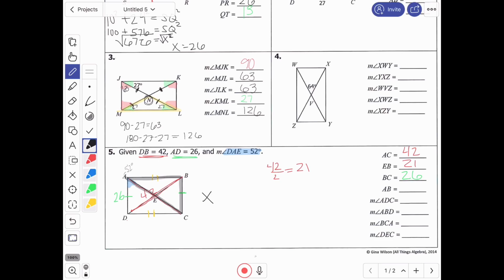So I'm going to have x squared plus 26 squared equals 42 squared. Okay? And when I square 26, I get 676 equals 42 squared.